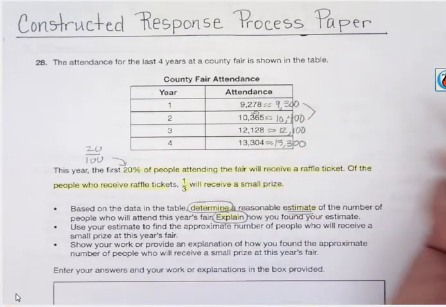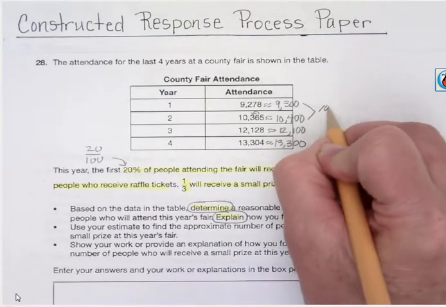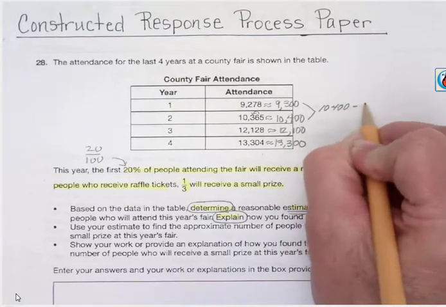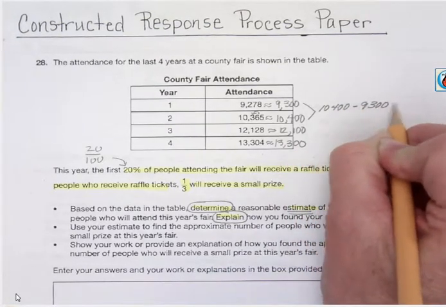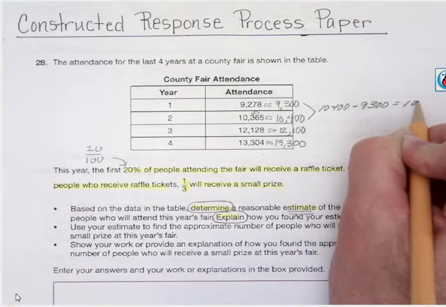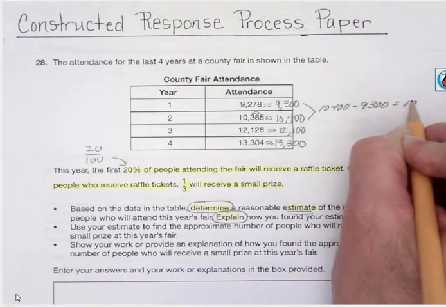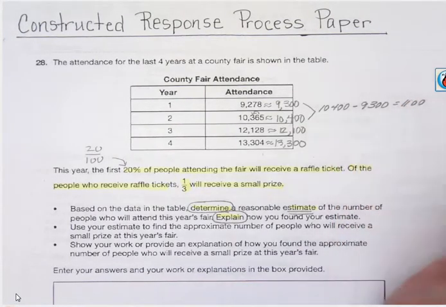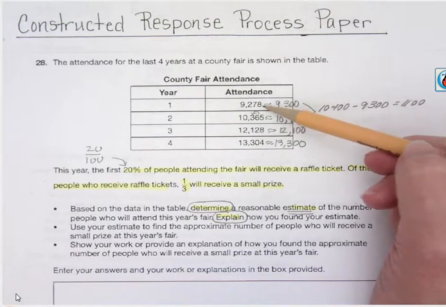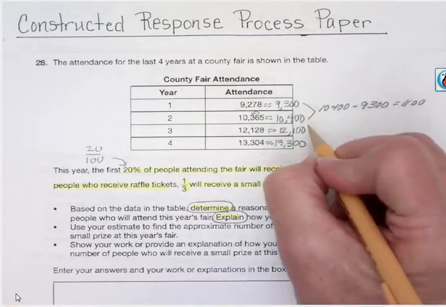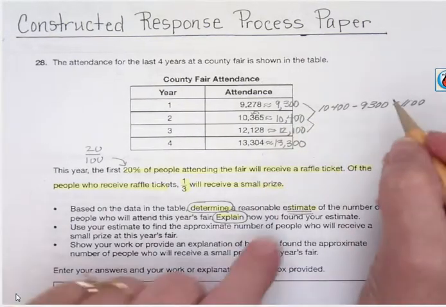So I would subtract, and I'm going to make sure that I always get that positive change, because if you look at your attendance, we're increasing per year. So I want to show that increase per year.